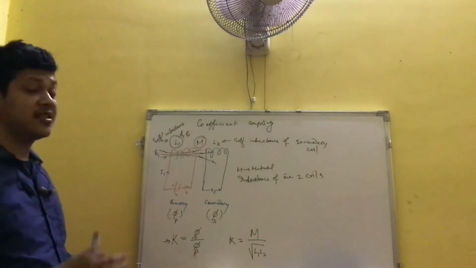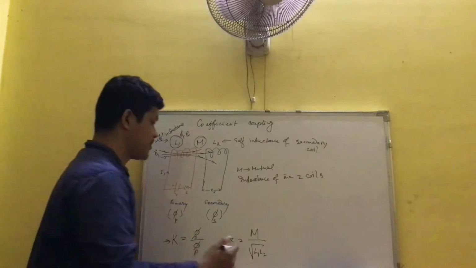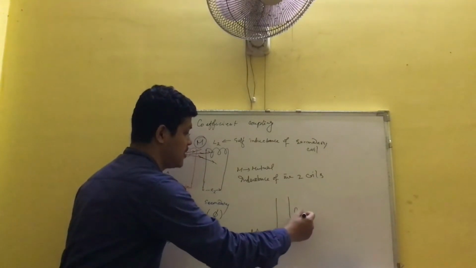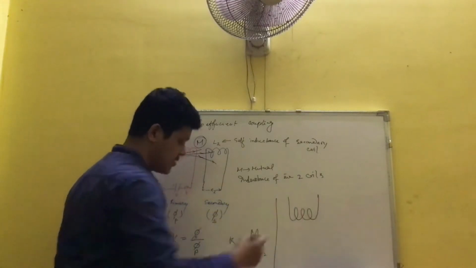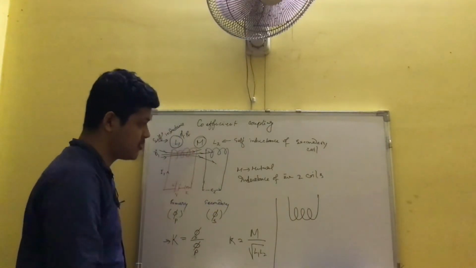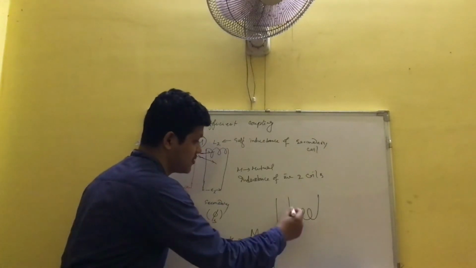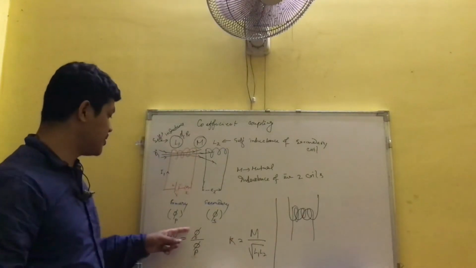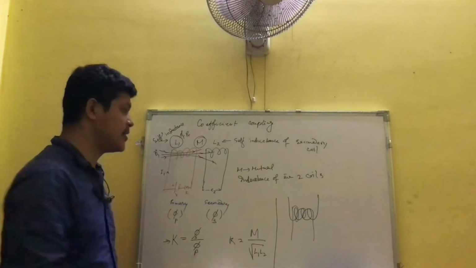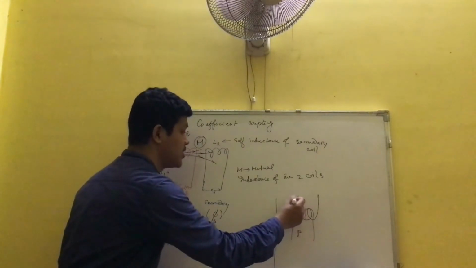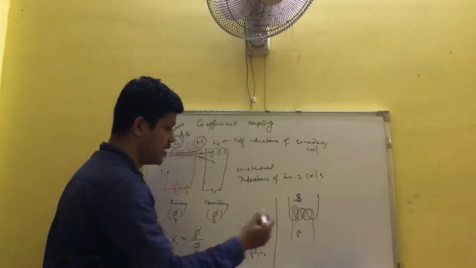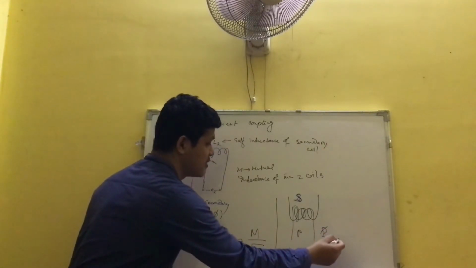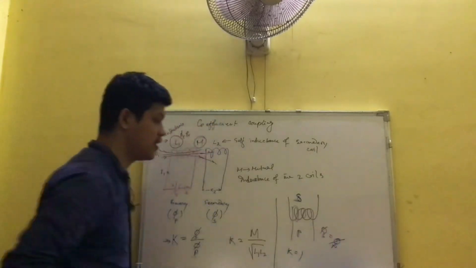Now let us consider three different cases. Suppose two coils are arranged coaxially. Then the magnetic flux linked with the primary and secondary coil will be the same. So in that case K will be equal to 1, because phi s is the same as phi p, right?